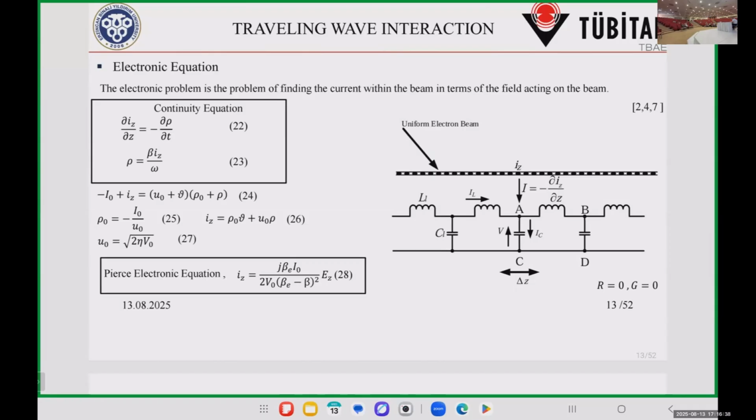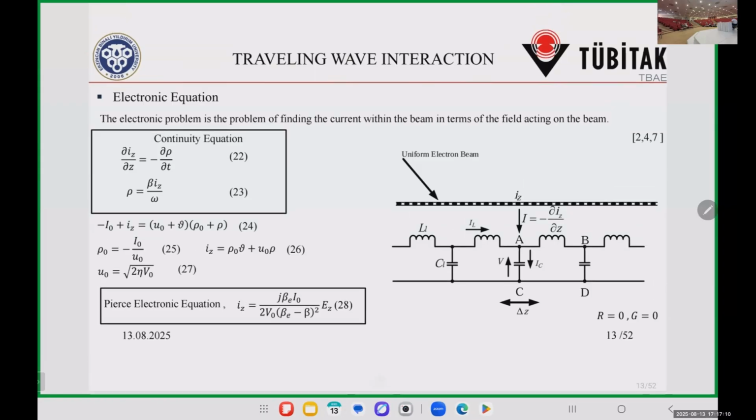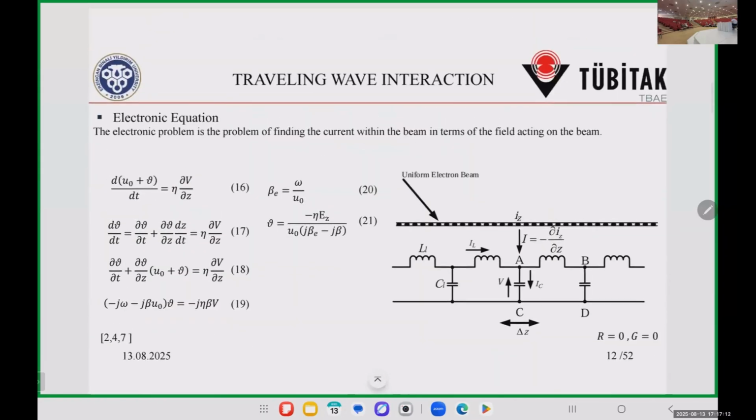Total beam current is equal to total beam velocity times total charge density, both of which contain AC and DC components as shown in equation 24. If we write rho 0 in equation 25, and u0 in equation 27, we obtain the AC component of electron velocity in equation 21.